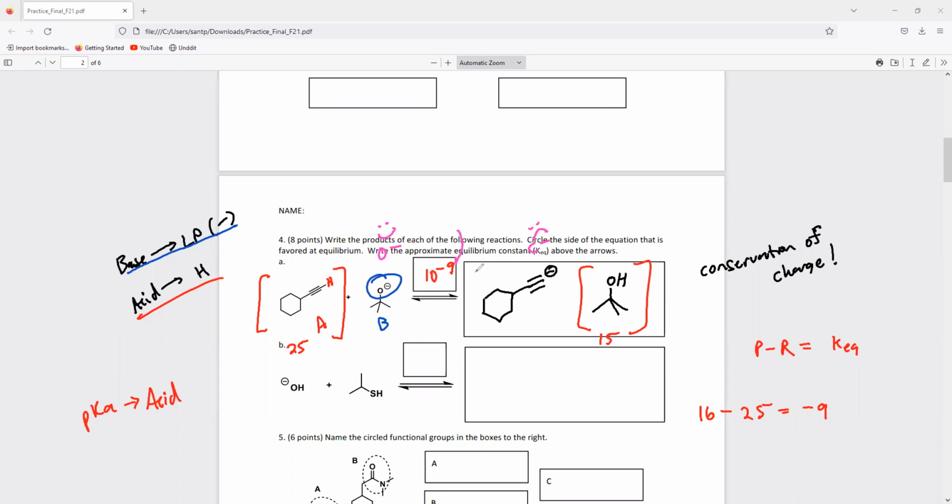So it makes sense that if there's a C minus on the right side, the equilibrium doesn't really want to go there, right? So I'll put here not stable, but this is stable. Sorry, let me not put that in the words. Let me put that up here. Right, this is more stable. So actually, let's put less stable here. Okay, so it makes sense that this value is negative because it really doesn't want to push that way.